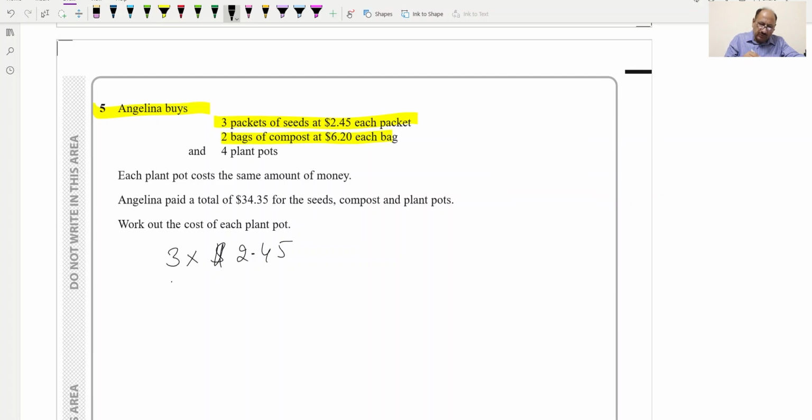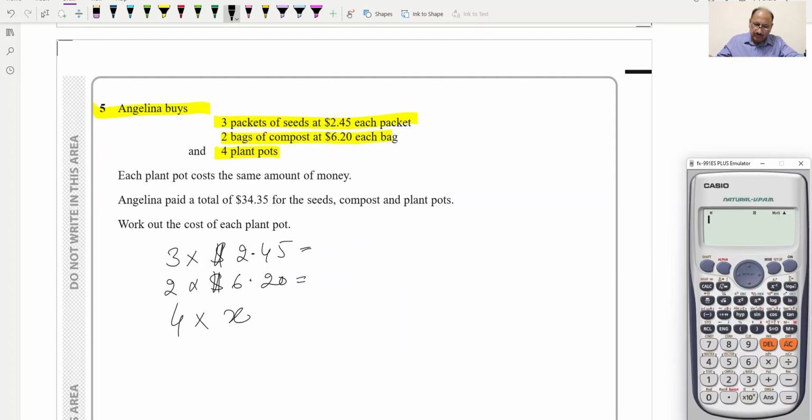So it will be 2 multiplied by 6.20 dollars, and then 4 plant pots. So 4 pots are for x amount. We don't know how much this costs, and we can figure out these numbers.